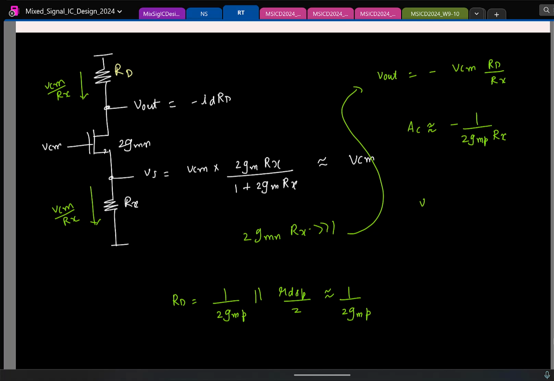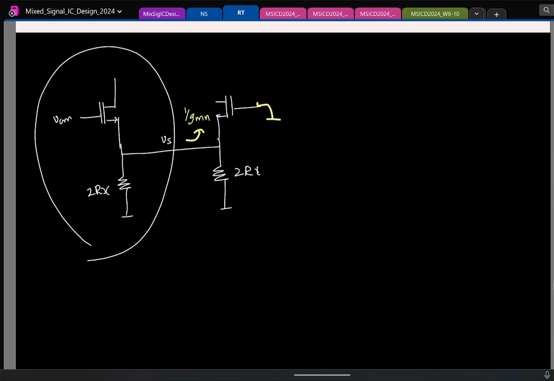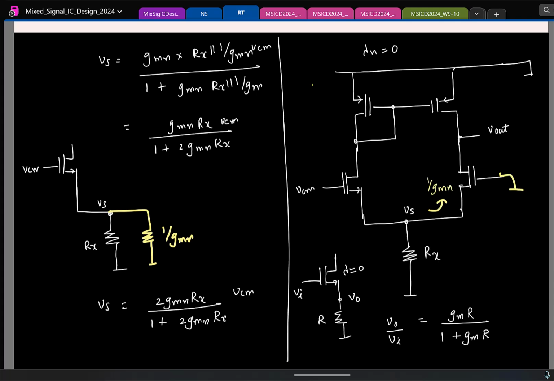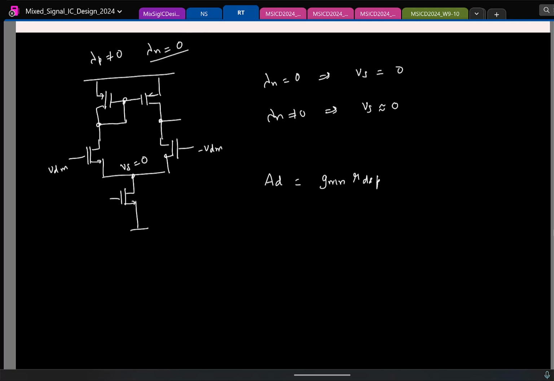So the bottom line, 2 points to remember. This circuit, although it's purely asymmetrical, if you ignore the lambda for the NMOS transistors, then for a differential mode excitation, if I have a differential mode excitation, then this is at 0, right?